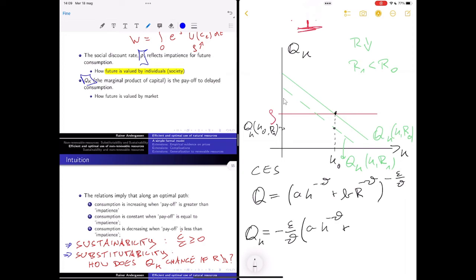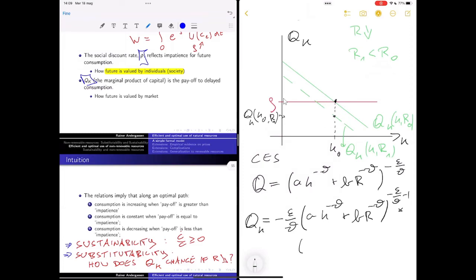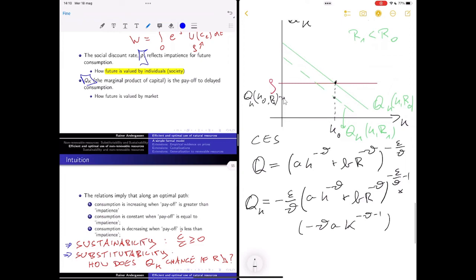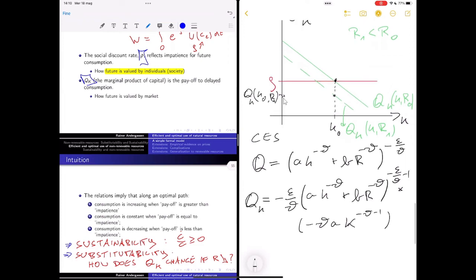So it is minus epsilon times (a K to the power of minus theta plus b R to the power of minus theta) to the power of minus epsilon over theta minus 1, times the inner derivative, minus theta a K to the power of minus theta minus 1. This is the marginal product of capital.